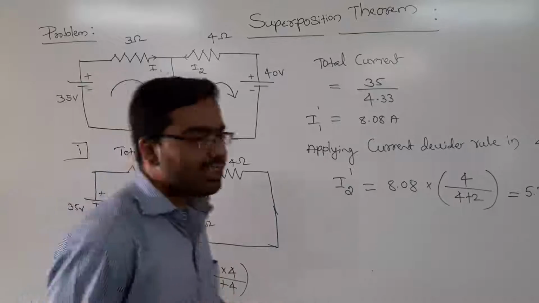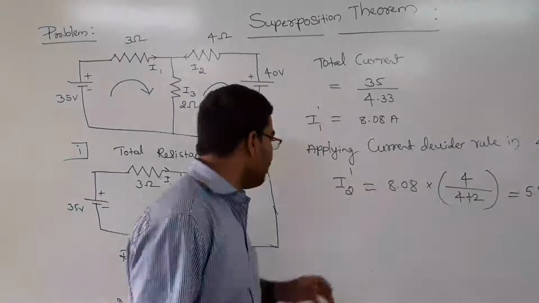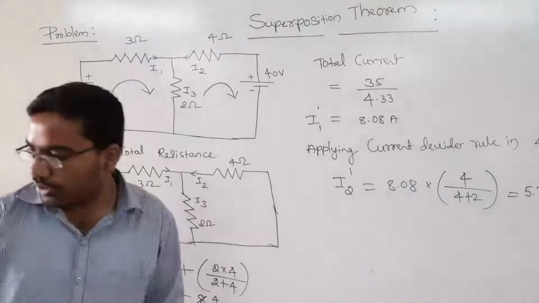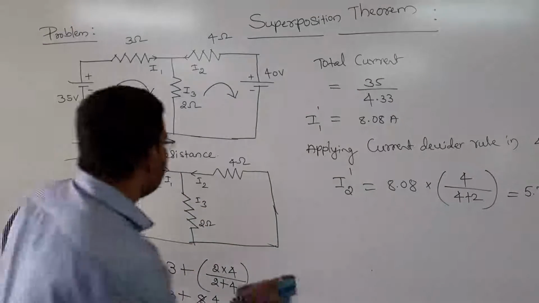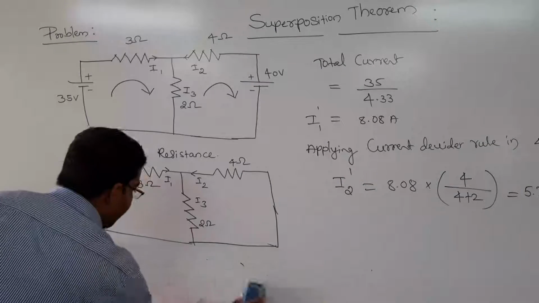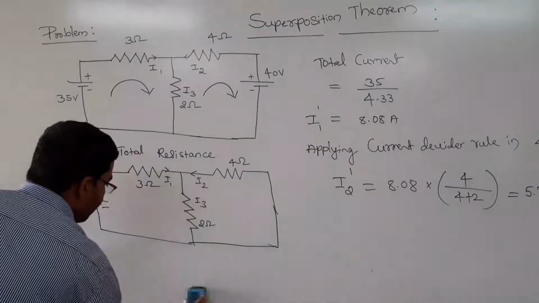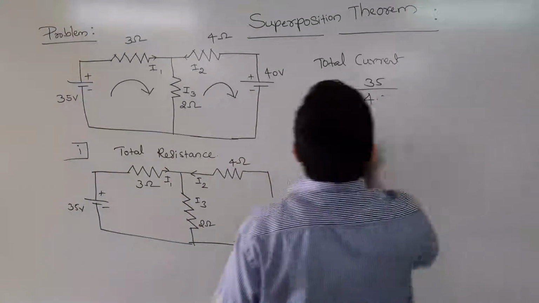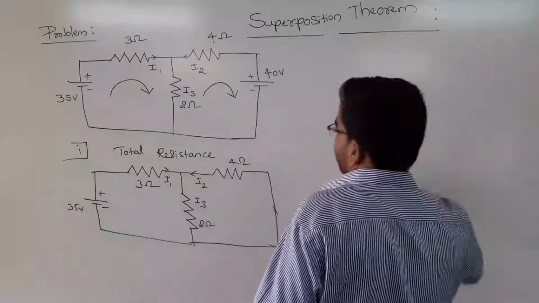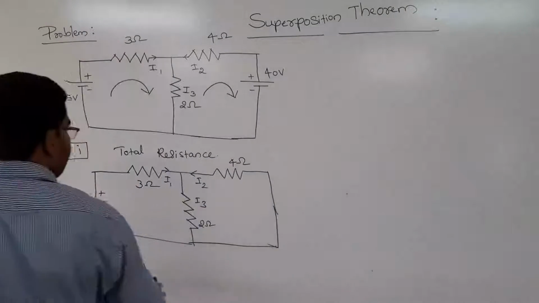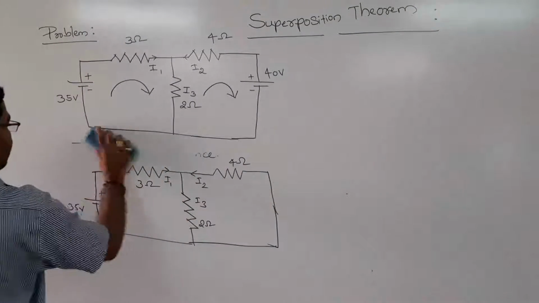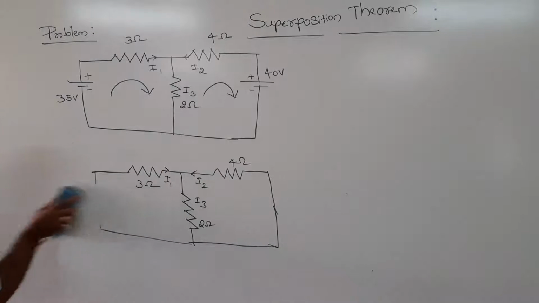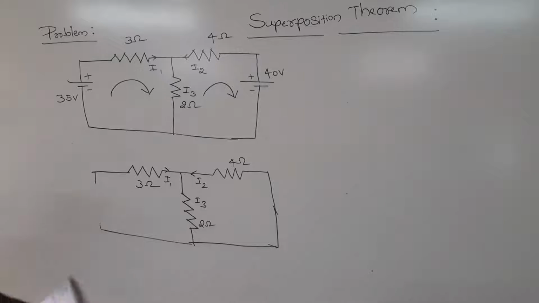Then afterwards, the second step is to find out the current in the second branch. So let's start to find out the value of the second branch current. In that, what I have to do?